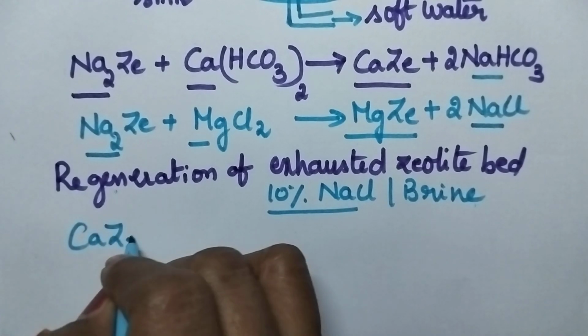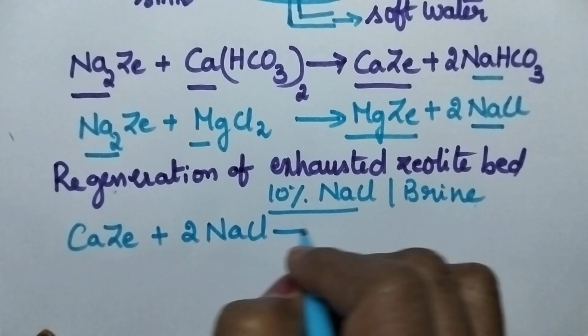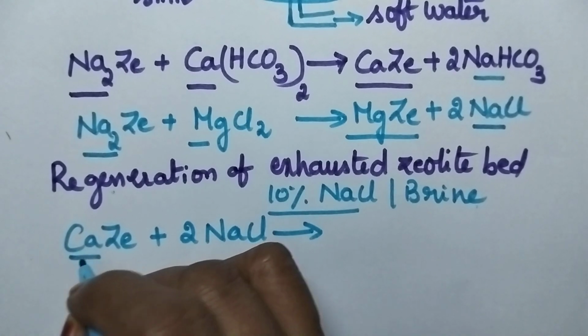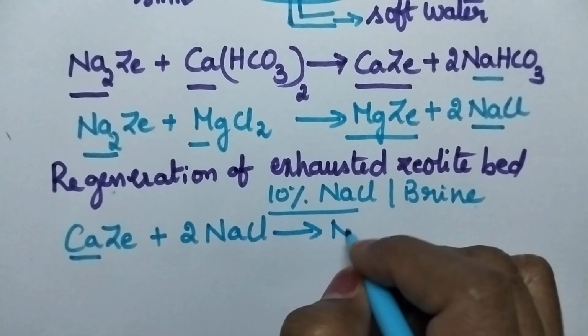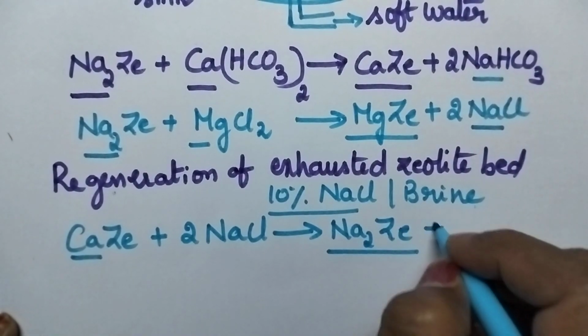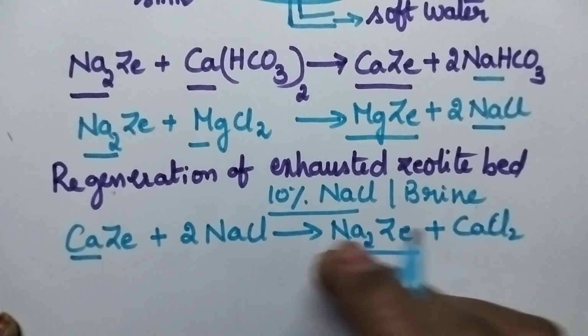Let us consider calcium zeolite. When it is treated with NaCl solution, automatically the calcium ions present in the calcium zeolite are replaced by the sodium ions, and it results in the formation of sodium zeolite.